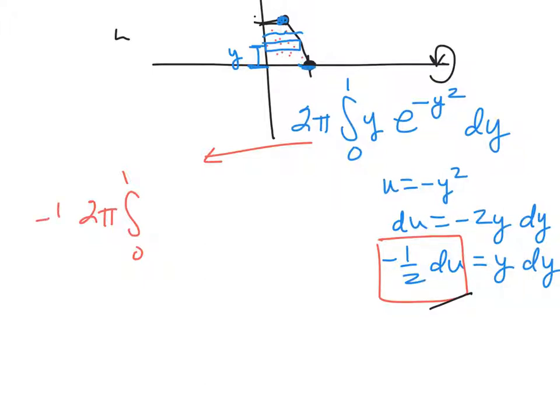So negative a half out here, du, and that's going to wipe out y and dy and leave me with e to the u. And here the 2's will cancel, so I'll just have negative pi out there. And if you integrate e to the u, you get e to the u.